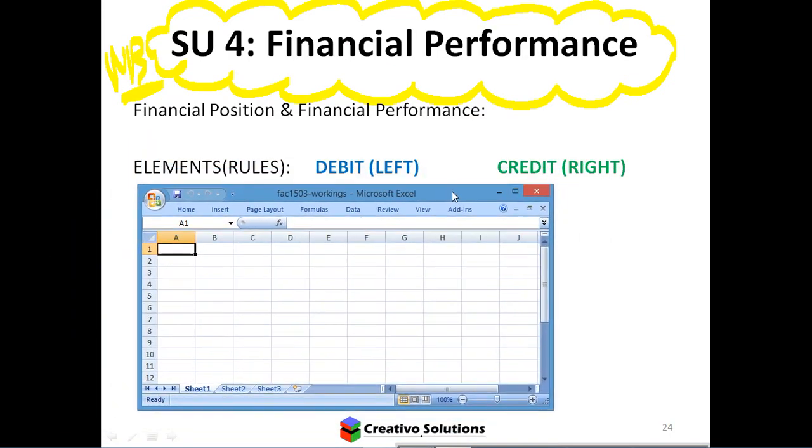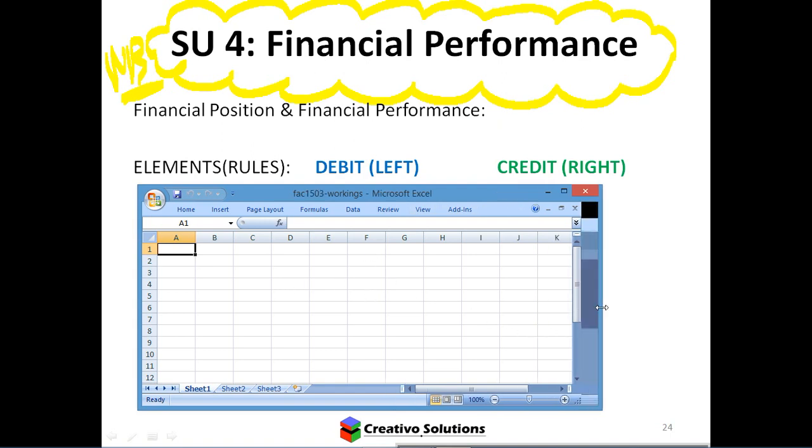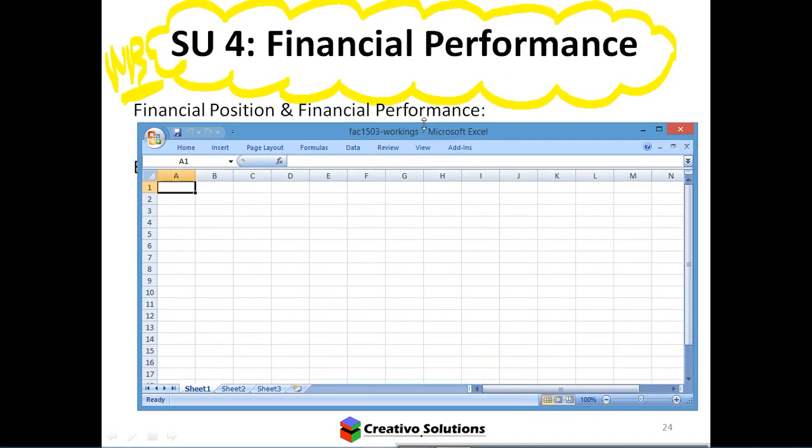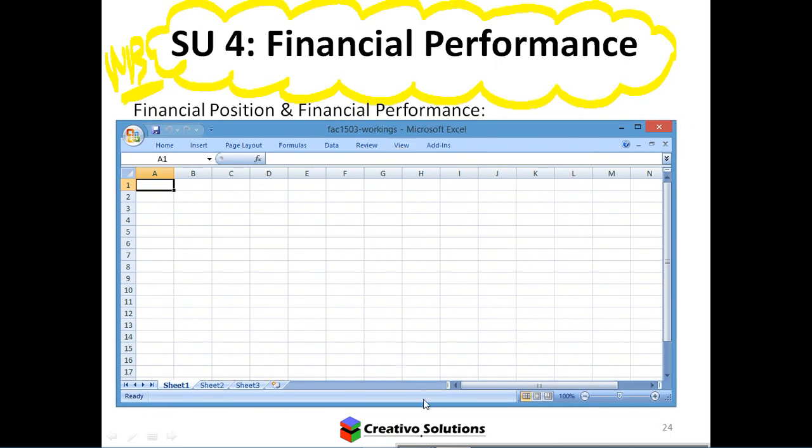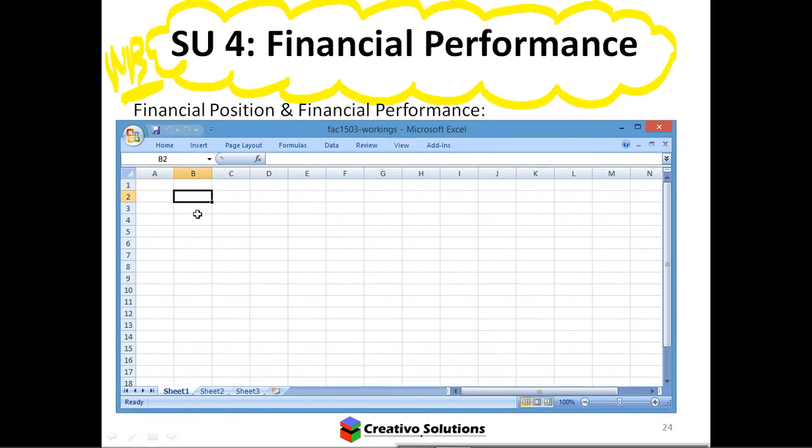So do we need rules? Yes, we do. Why do we need rules? Interpretation, understanding, the language. I've seen students use this acronym: DEADLIC, D-E-A-D-L-I-C-C.